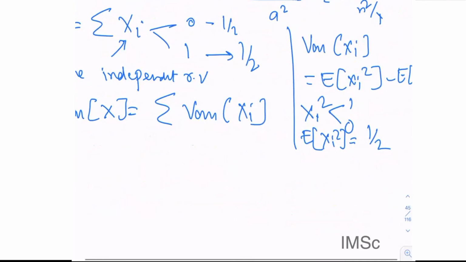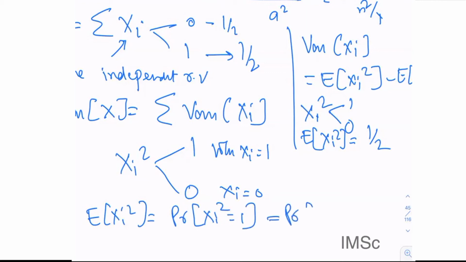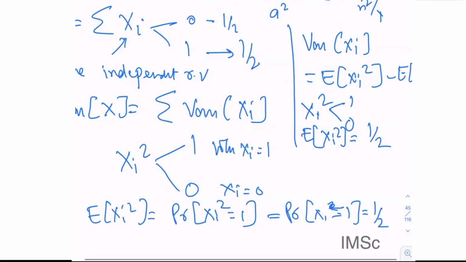Look, xi square also takes 1 and 0, and it takes 1 when xi is 1, and it is 0 when xi equals 0. So the expectation of xi square is the same as the probability that xi square equals 1, which is the same as the probability that xi equals 1, which is half.